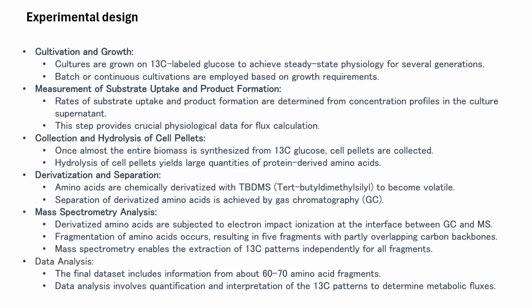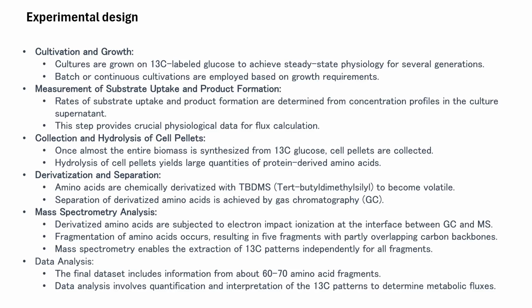Once the entire biomass is synthesized from 13C glucose, you have to wait for generations to have 13C in every part of the biomass of the cell. The cell pellets are collected and hydrolyzed, which yields large quantities of protein derived amino acids.